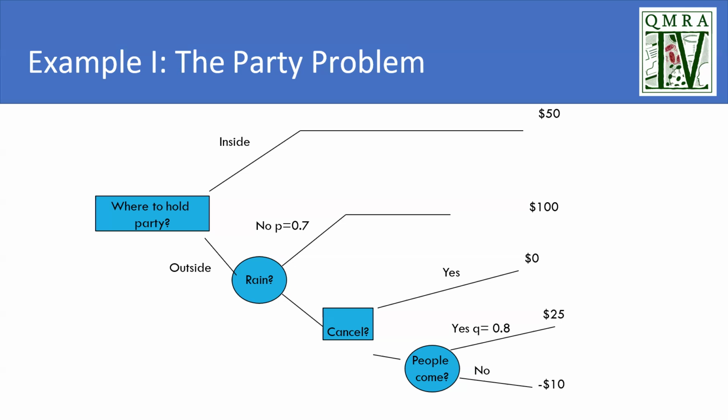Here we assign the probability that people will come at 0.8 with a value for the outcome of $25, and then no, if no one comes, the probability again is going to be the complement, 1 minus 0.8, so 0.2. And here we're going to lose some money because, say, we purchase things in order to have refreshments at the party. So we're going to assign that outcome -$10 if people do not come.